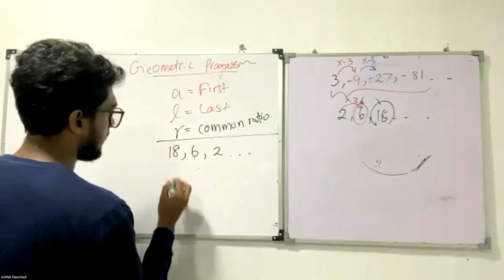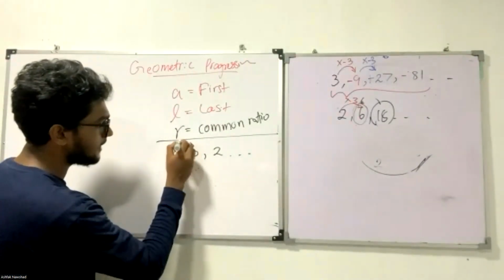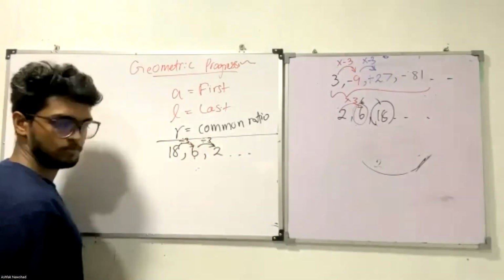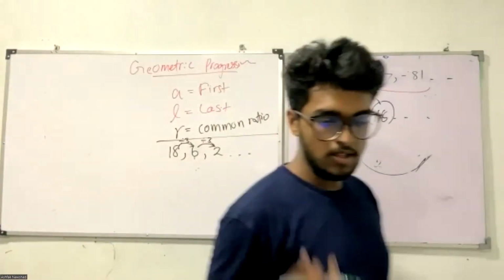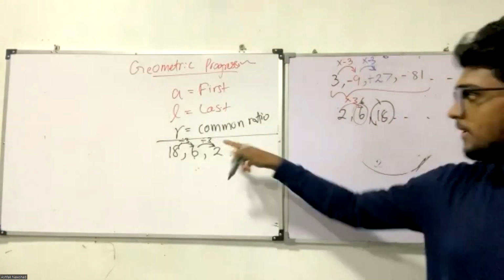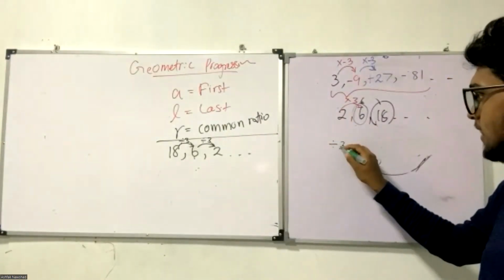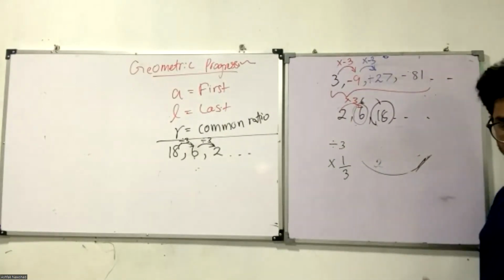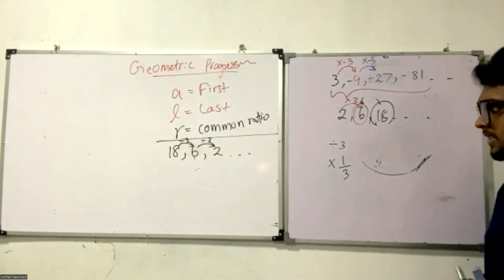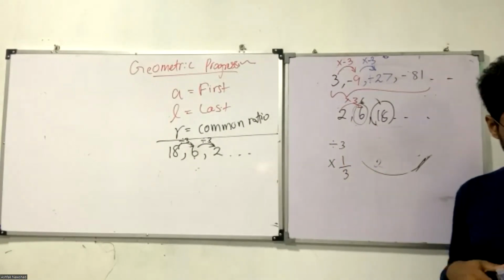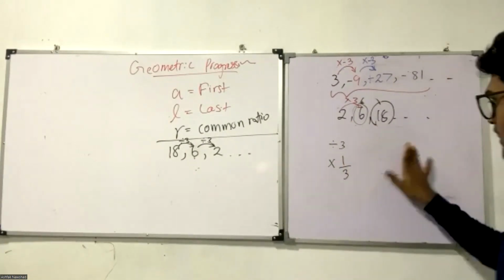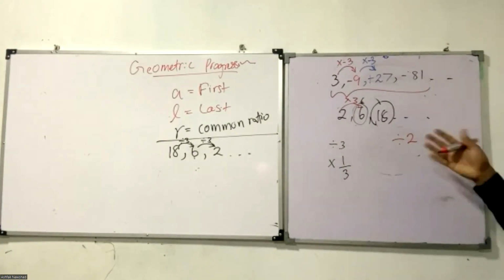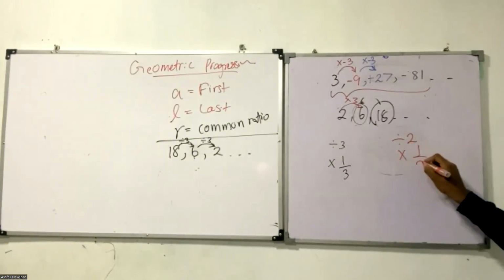This is 18 divided by 3, again, this is 6 divided by 3. It's division. We can denote division by 3 as multiplication by 1/3. This is basic fractions, basic maths. For example, if you divide something by 2, the same thing happens if you multiply that by half.